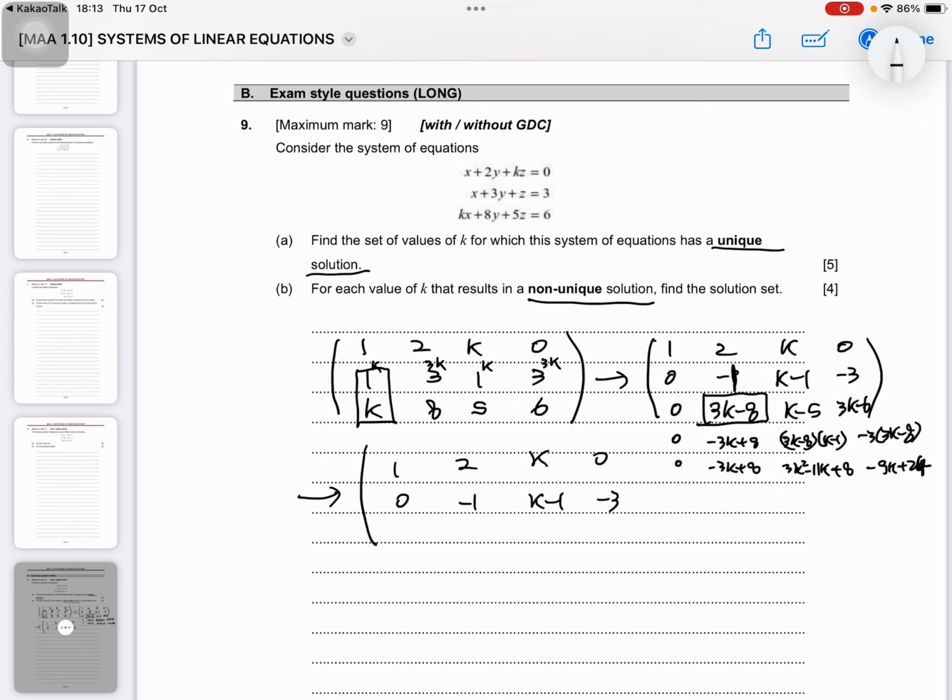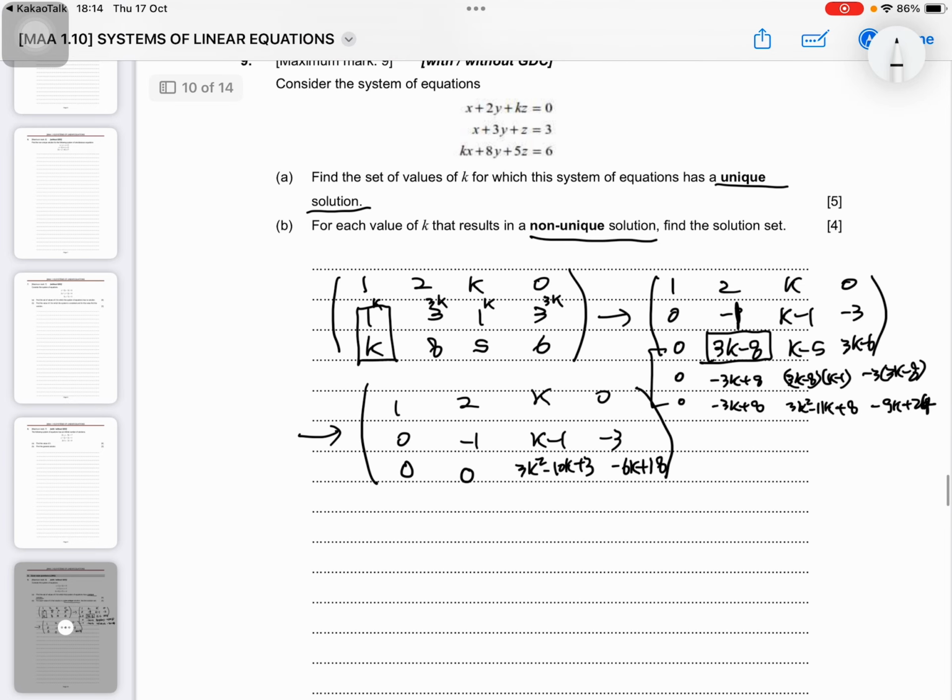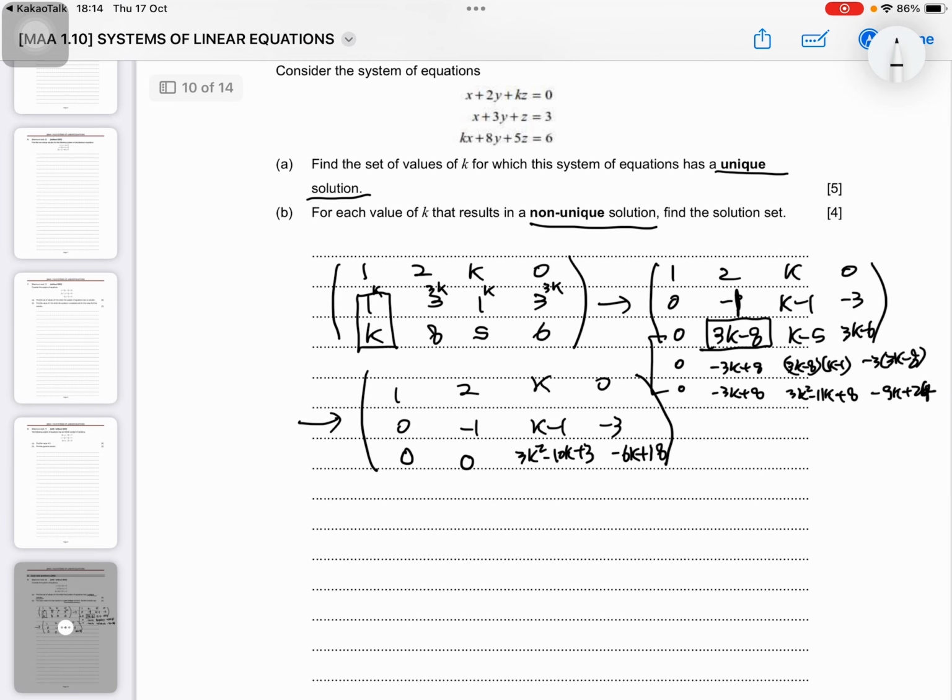Now from here and here, we can add them together to remove the second element. So 0, 0, 3k squared minus 10k plus 3, and negative 6k plus 18.